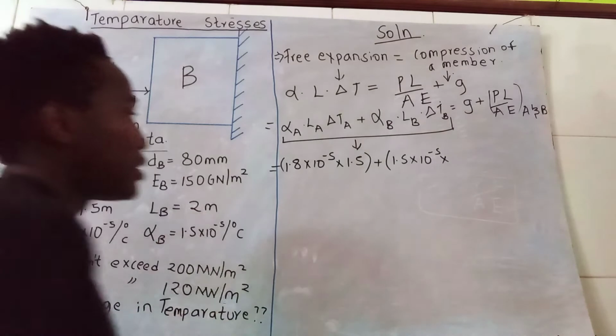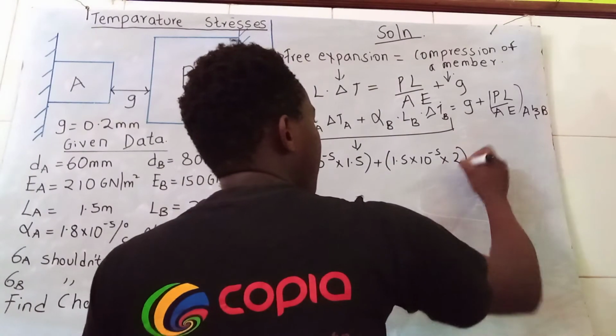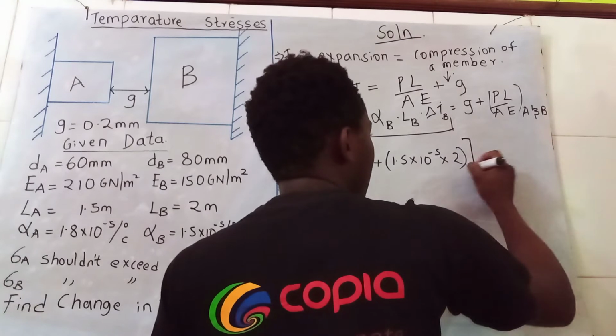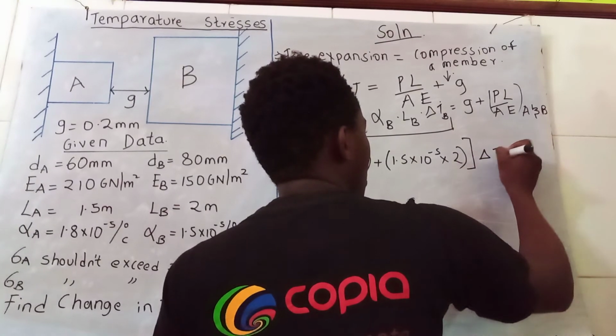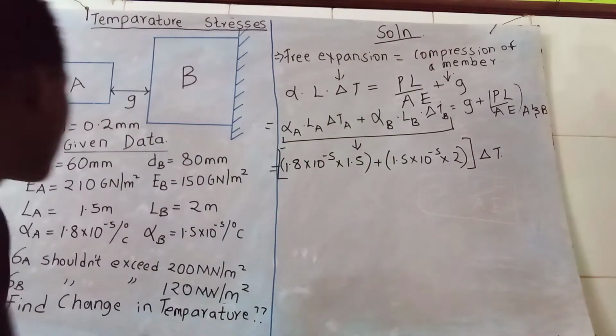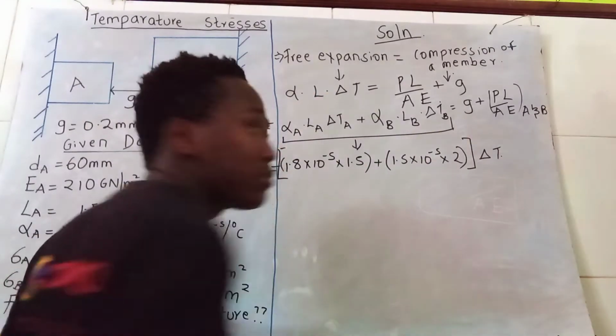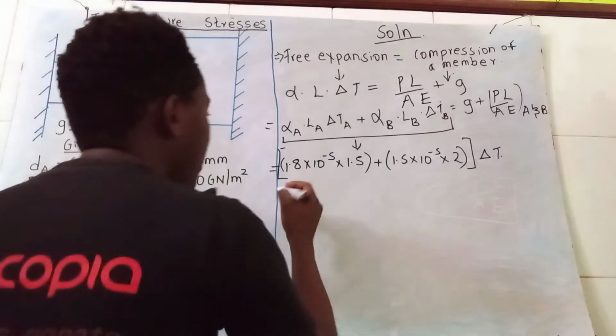The length of B is 2 meters. Then both of them, I shall multiply with the change in temperature.